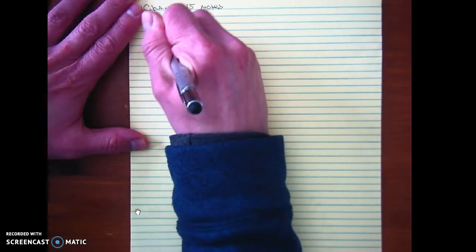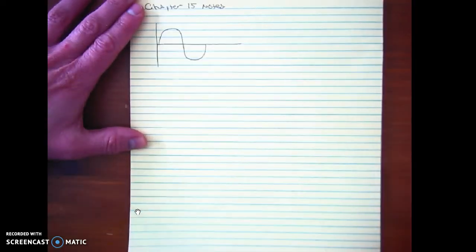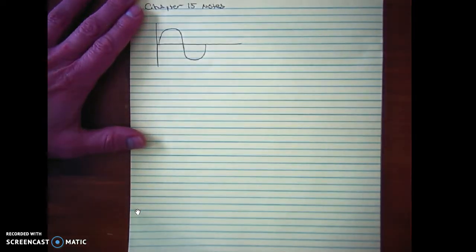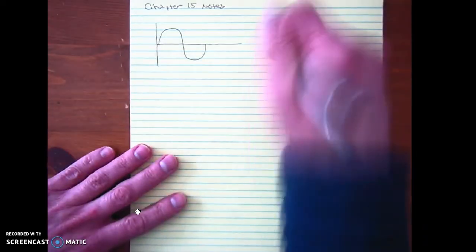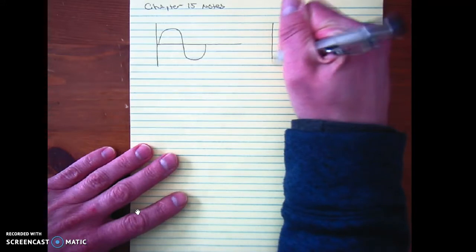So we know the sinusoidal waveform looks something like that. So that's basically a sinusoidal waveform, and then we also have what we call the quadrant system. So let's get the quadrant system going here.